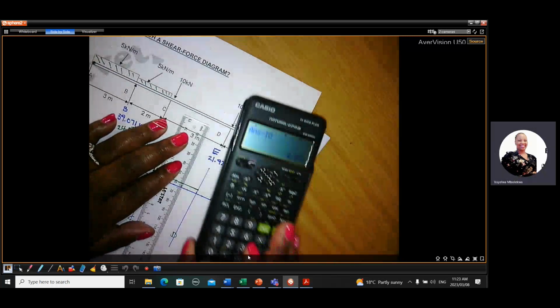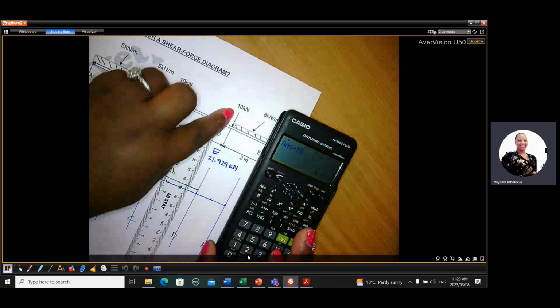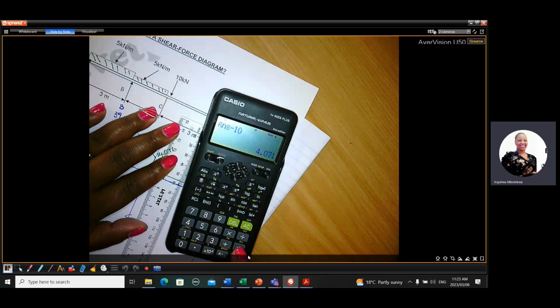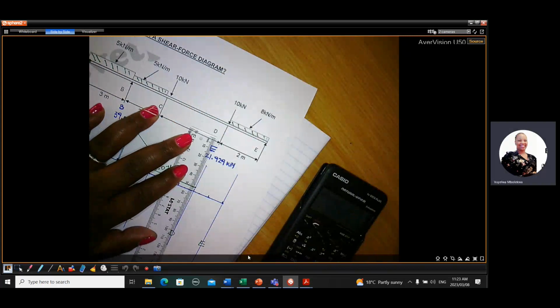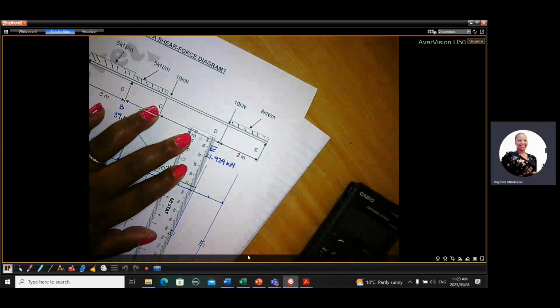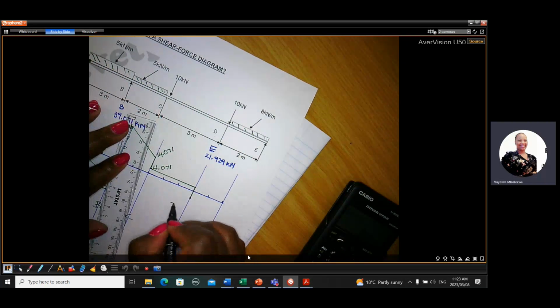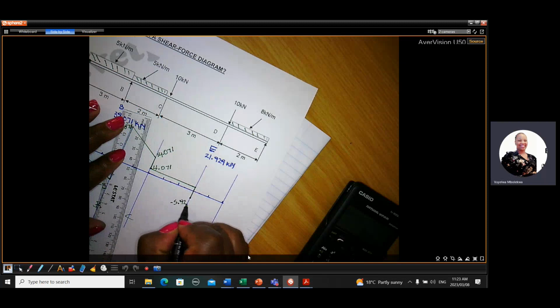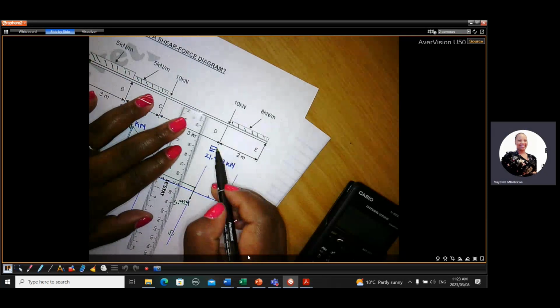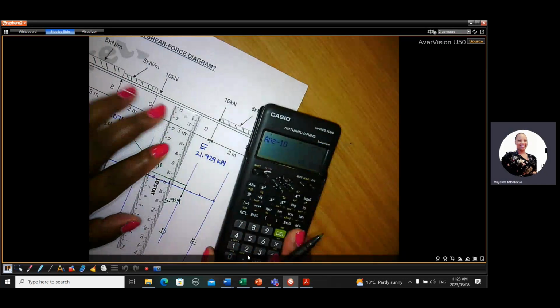Then at D, we have a force of 10 and it's facing down, so we minus 10. It takes us to a negative 5.929. Come down to a negative 5.929.